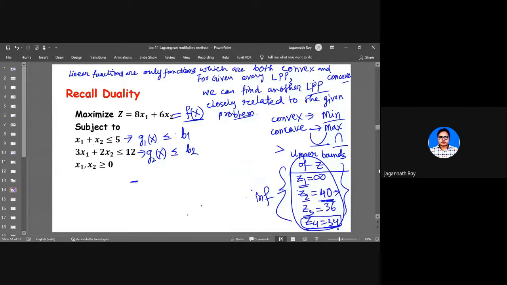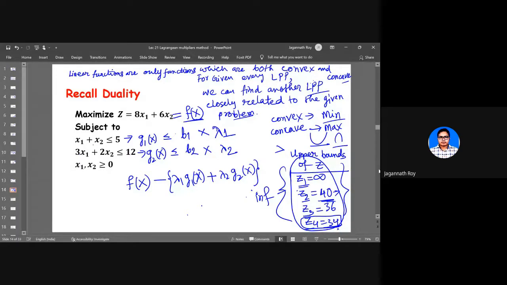So the multipliers, if we multiply with some lambda, for example lambda 1, and this is multiplied with lambda 2, then f of x minus lambda 1 into g1 of x plus lambda 2 into g2 of x.